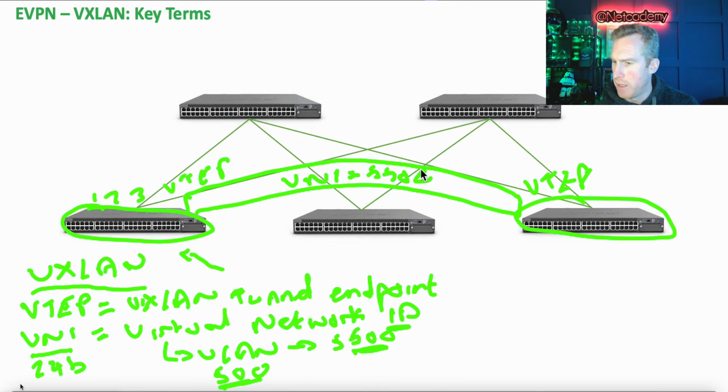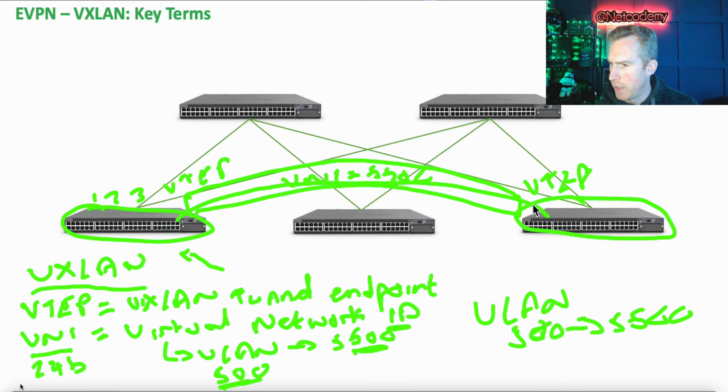Therefore, all traffic that belongs to VLAN 500 in the layer 2 switching domain gets mapped to the VNI, the VXLAN virtual network identifier 5500, and then they know to go back and forth through that tunnel itself.